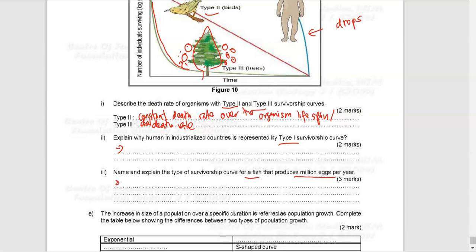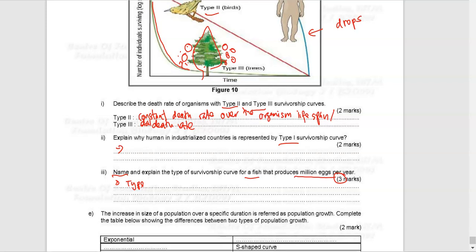So for question 3, it is worth 3 marks. So you have to name the type of survivorship curve. So it is type 3. Okay, type 3. Ikan menghasilkan banyak telur dan bukan semua telur akan survive sebab dia akan dimakan oleh predator. Dan yang mana akan jadi anak-anak ikan tu, bukan semua anak ikan akan membesar jadi ikan yang dah mature.